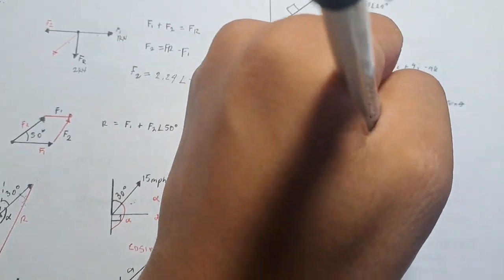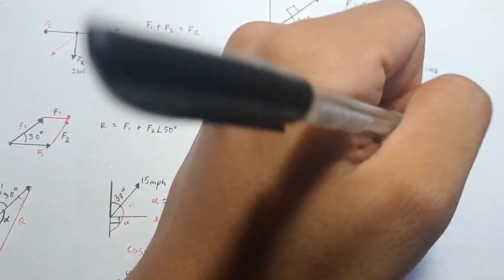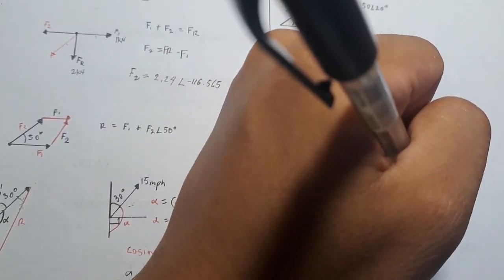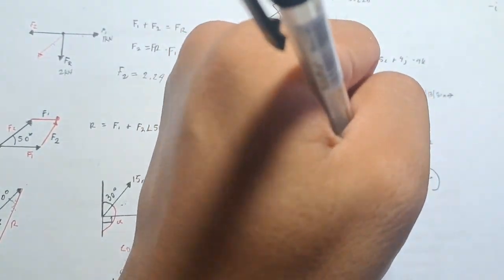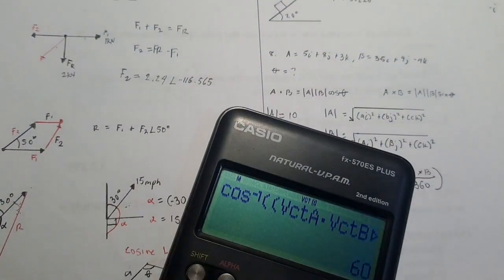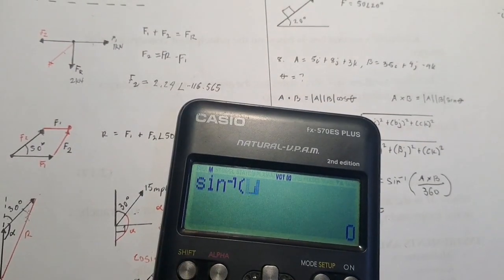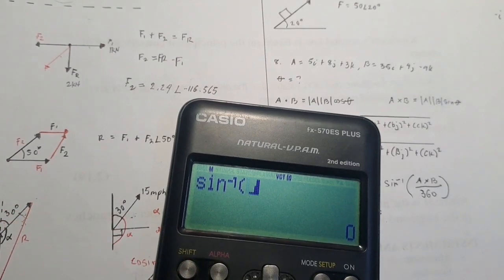So let's try it. Theta is equals to arc sine of A cross B over 360 din. Tingnan natin kung same na siya. So arc sine of quantity ulit para hindi ka maguluhan, since ganito lang ang divide mo, hindi siya fraction form.